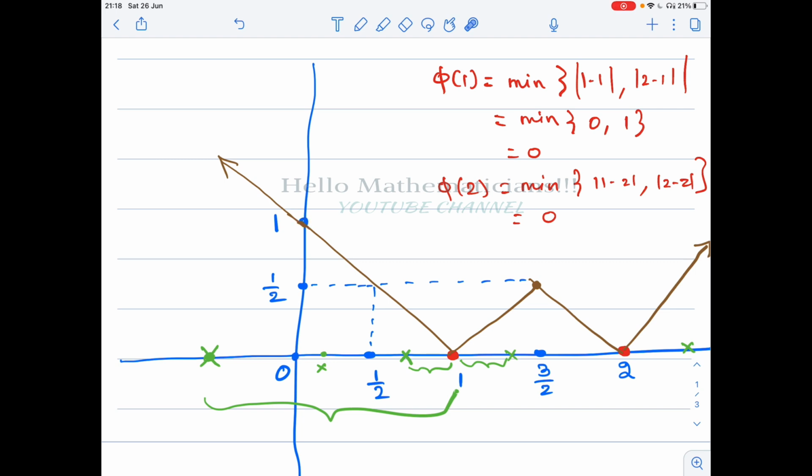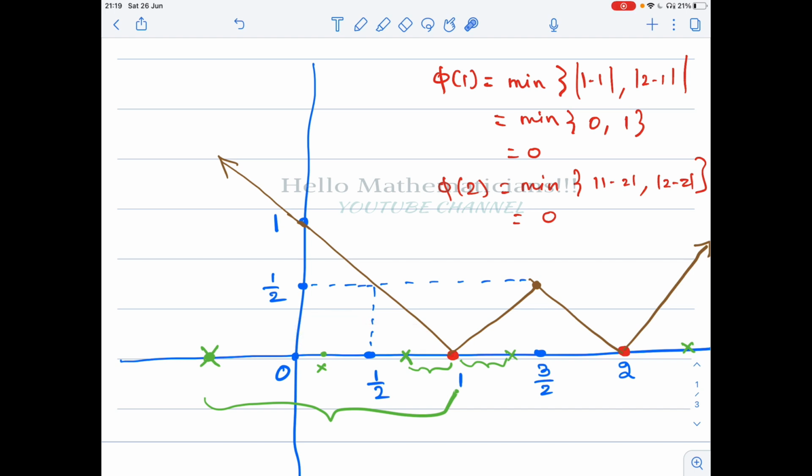If you take a point here, the distance will be this much. So we conclude that the function goes like this on the left-hand side. For example, if you take a point here, its distance will be this much, so its image will be this point, where this distance is equal to this distance.